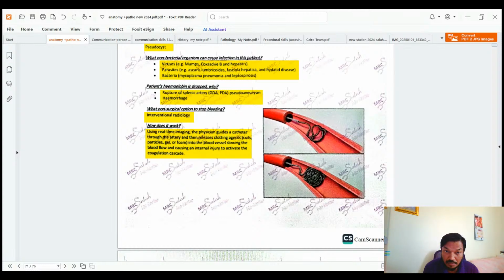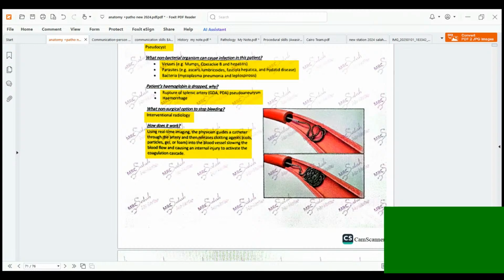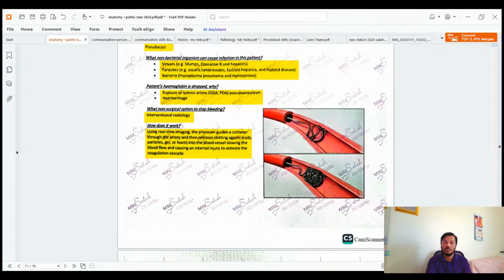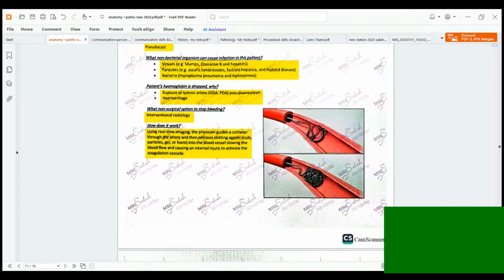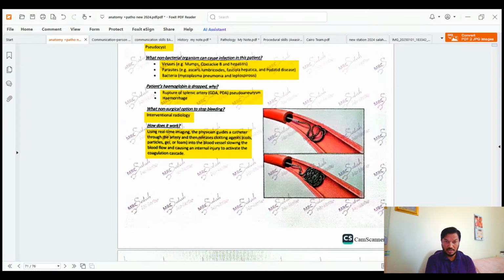Using a real-time image, the physician guides a catheter through the artery and releases clotting agents, coils, particles and gels or foam into the blood vessel, slowing the blood flow and causing an internal injury to activate the coagulation cascade.